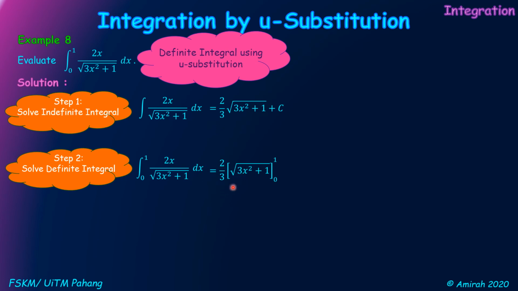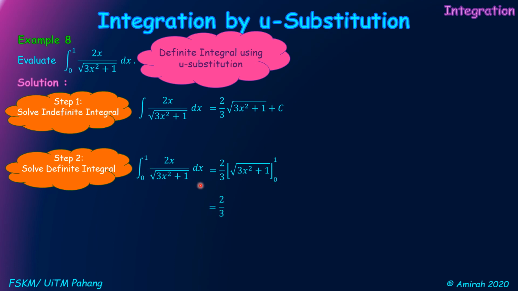And then we write square root of 3x squared plus 1, but we must put square brackets with lower and upper limit. No plus c. Plus c is only for the indefinite integral. When we solve the definite integral, no need to put plus c, but we need to put square brackets with the lower limit and upper limit.